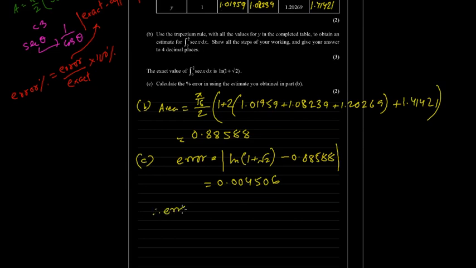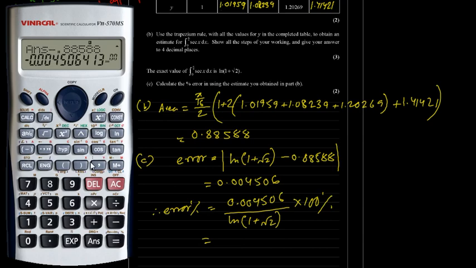Therefore error percent would be the error divided by exact value, which is ln 1 plus square root of 2, into 100%. Let's calculate this one. So error is here already, so if you just use this sign, the negative would go away.